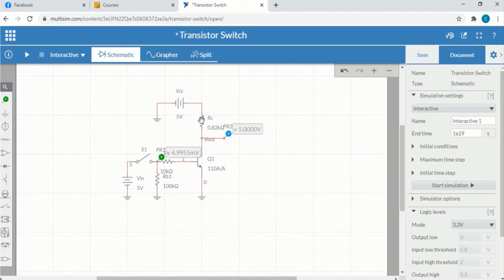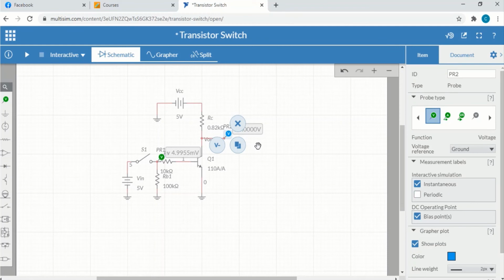This is our R sub C, R sub B, and I just put a resistor here to make the input to the base more accurate. The output is taken from this terminal here, and we have a voltmeter there to measure the output, and this is the voltmeter for the input.